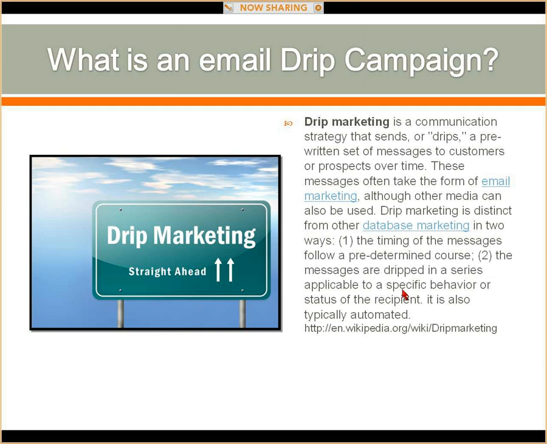Okay, first of all, you might want to know, what is an email drip campaign? Basically, this is a campaign of emails that get sent out over a specific amount of time. You can set one up to shoot out the next day, or you can have one that goes out every week or every month, so you decide how you want these emails to be sent out to a bunch of different clients.